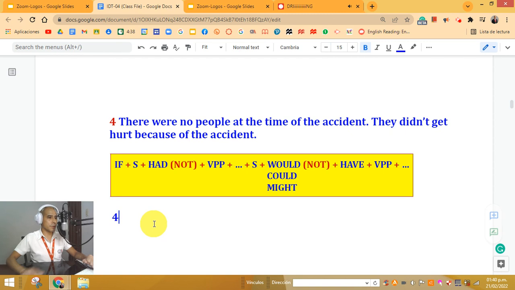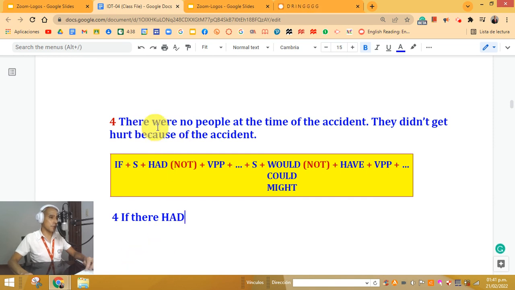Let's check your answers. So in this case, the first thing that I have to put is the conditional if. Then I have to copy the subject. There. After the subject I need to put the verb had, and that's what I'm going to do in this moment. Now the question is, does it have to be in the affirmative or the negative form?